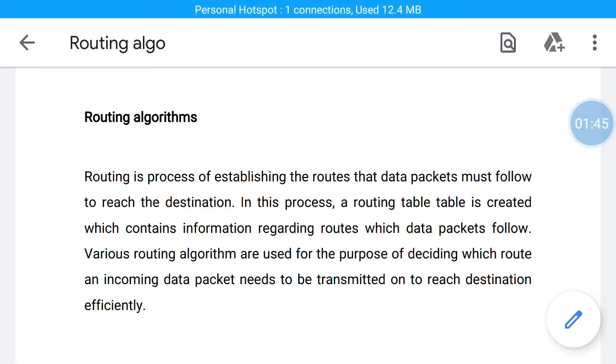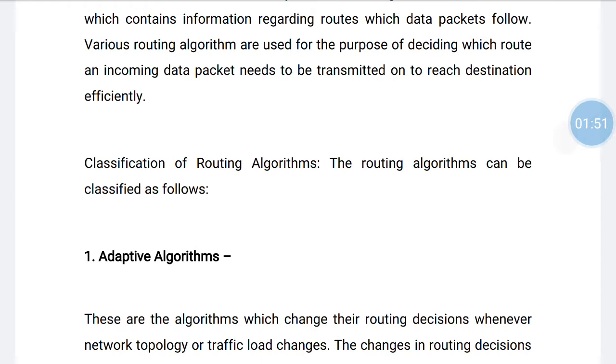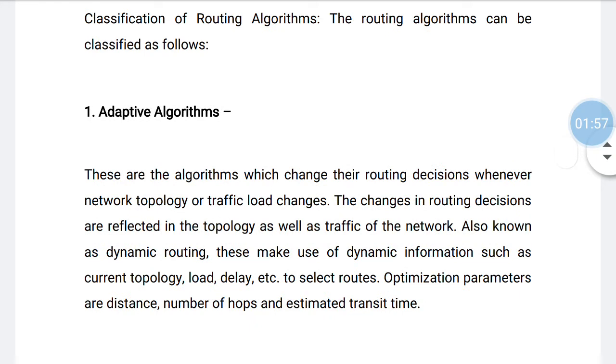We will be finding it using a routing algorithm. So routing algorithms are divided into two categories: adaptive algorithms and non-adaptive algorithms. Adaptive algorithms change their routing decisions whenever network topology or traffic load changes.